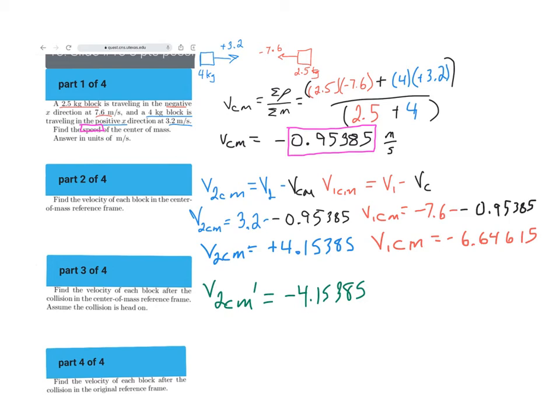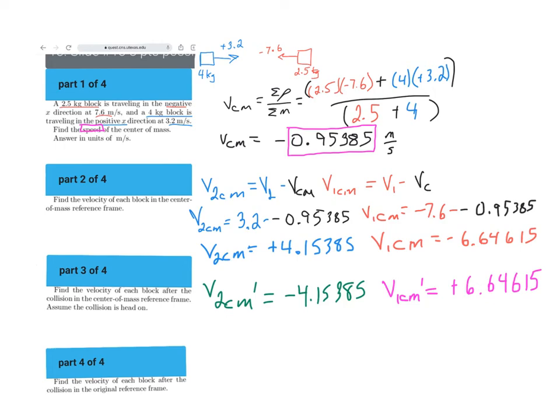Likewise, V1 cm prime would be the opposite sign, positive 6.64615. Those would be my answers for part 3.